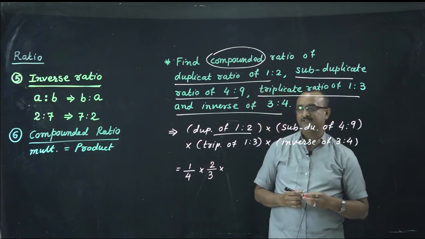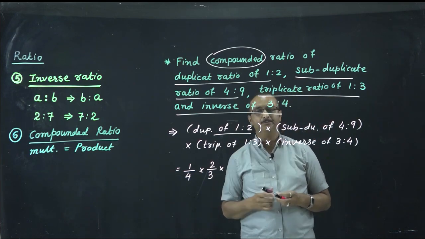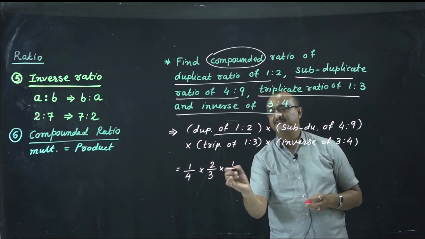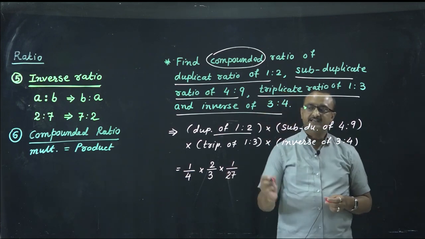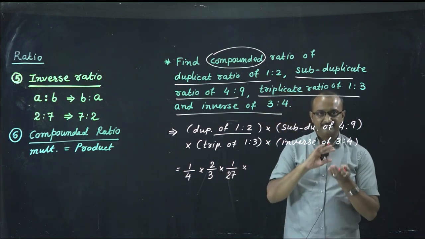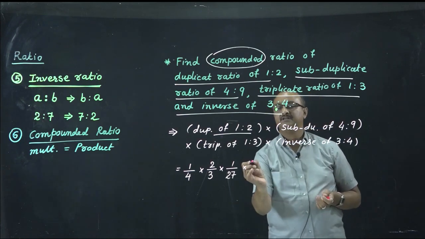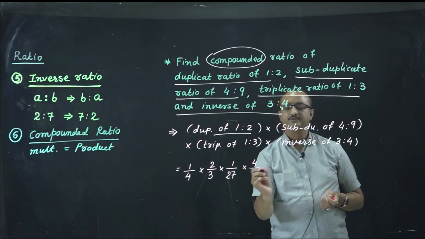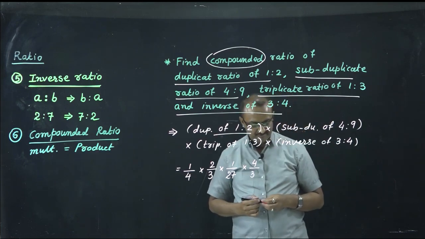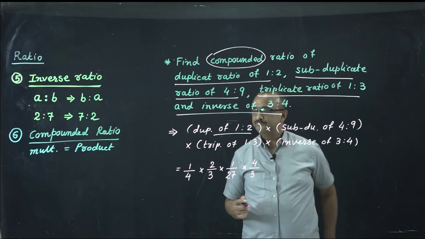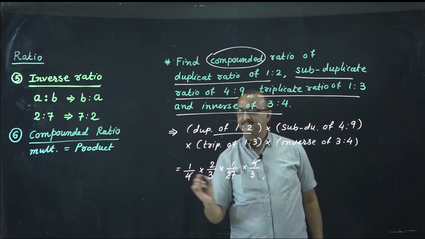Okay, triplicate ratio. Triplicate means what? Cube. 1 cube is 1 and 3 cube is 27. And inverse ratio means reciprocal, 4 by 3. Okay, now simplify this one. 4 cancel.